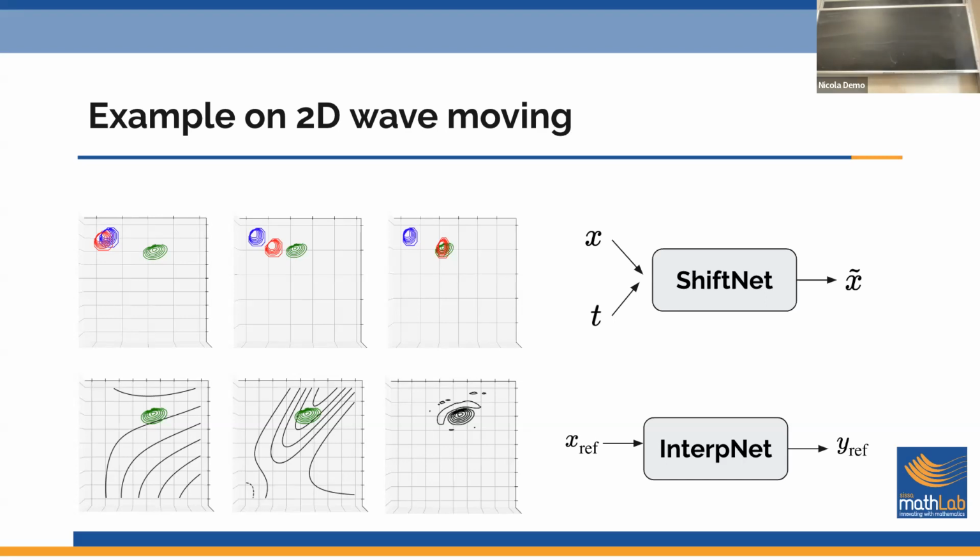Here I show the same picture as this one, so different epochs of the same training, but here the goal is that the black lines, the contour lines of the prediction of the network, should converge at the end to the reference configuration. The green one is discrete, and you have only the points. Here you have the value in all the domain, so you can do any computation you want.